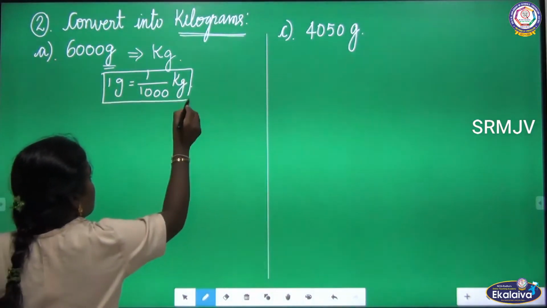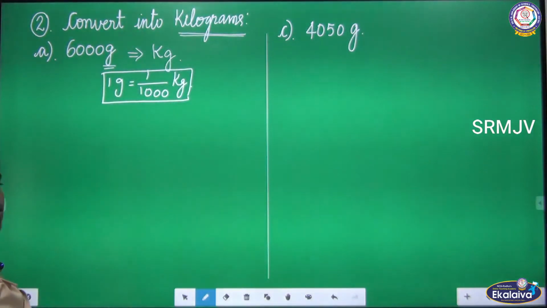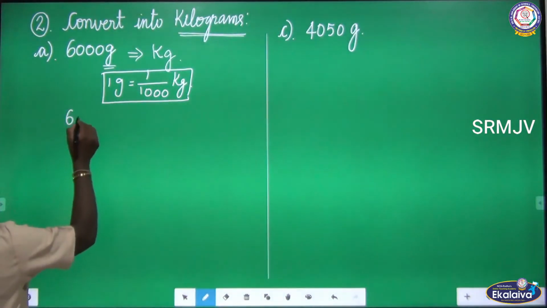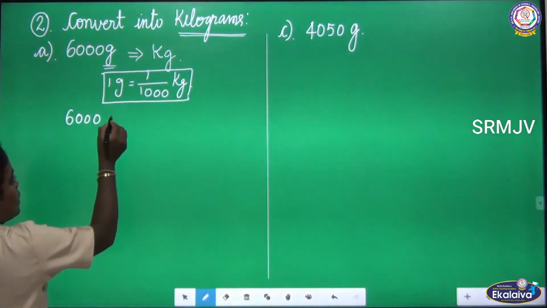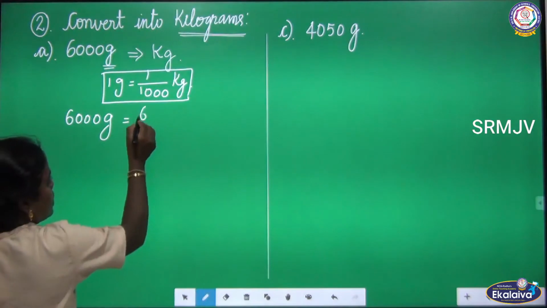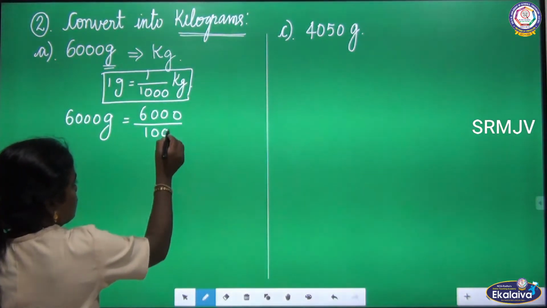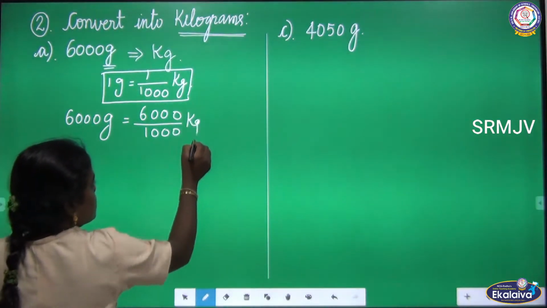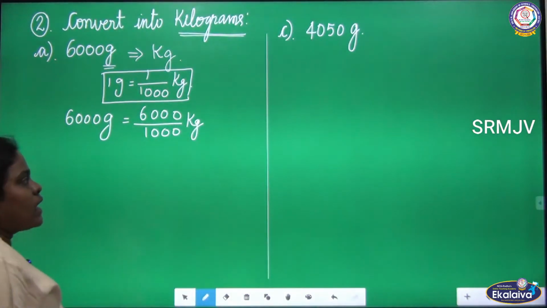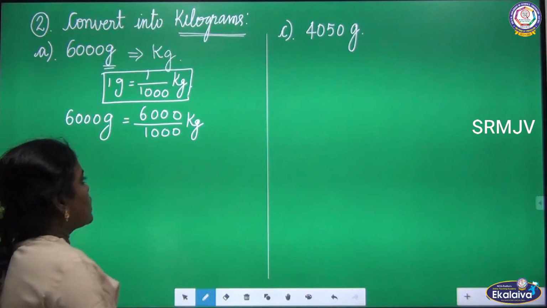So here what is the given number? 6000. So let us write the given number and we have to divide the number by 1000. Unit is kilogram.